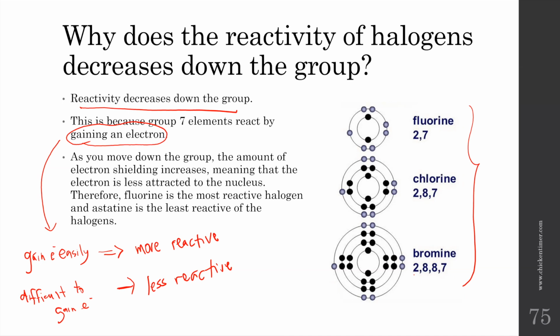So because of the difference in the ease of attracting an electron, you can see that fluorine is more reactive and bromine is less reactive. You okay with that?